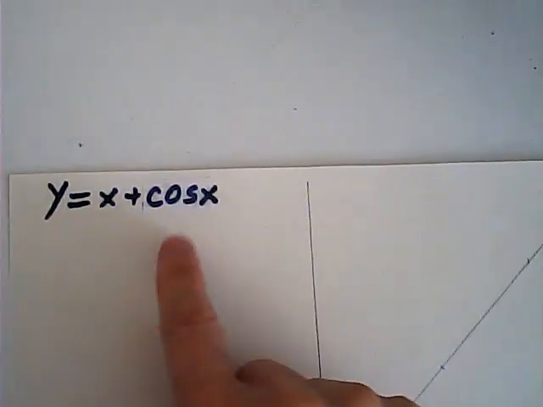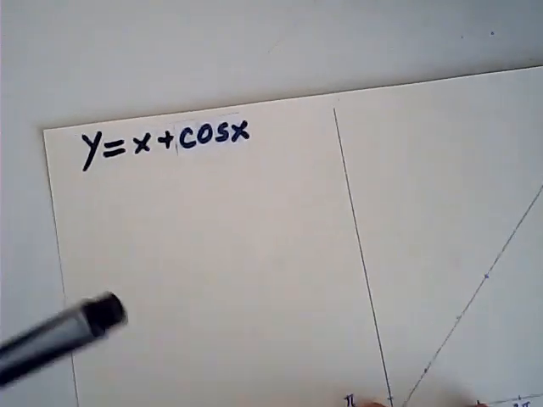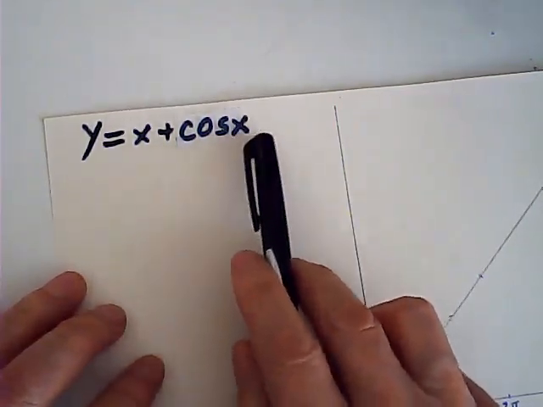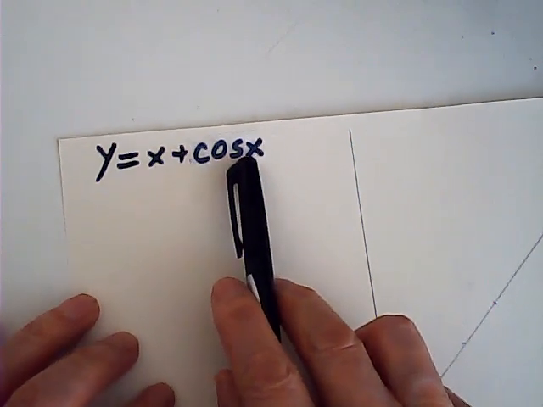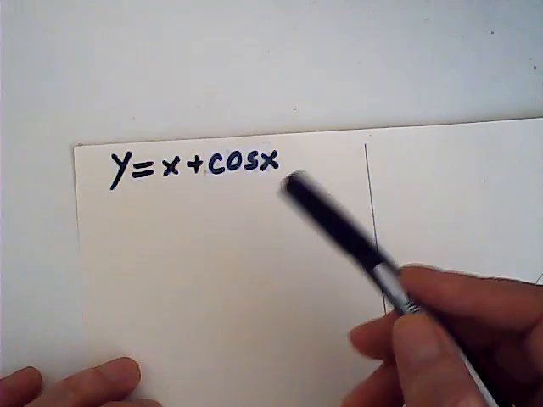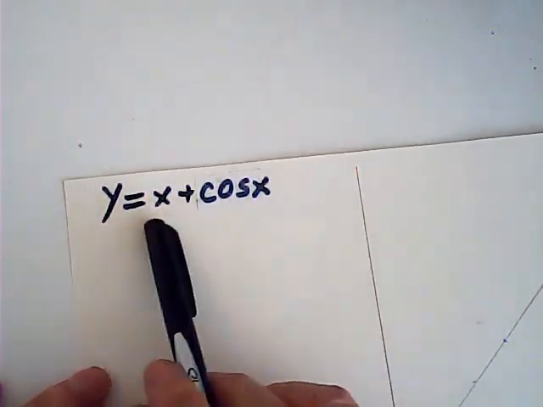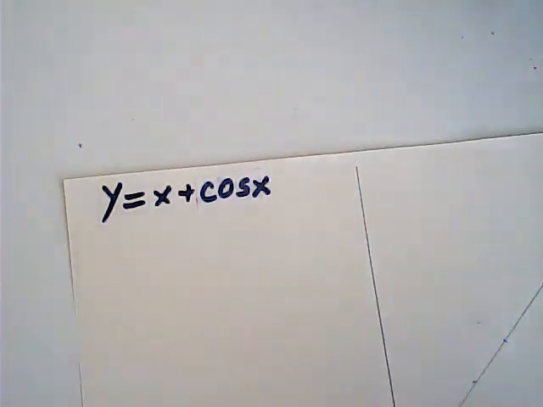Now let's consider this function. This function is defined for all real numbers, right? So this function is defined over the whole entire set of real numbers.